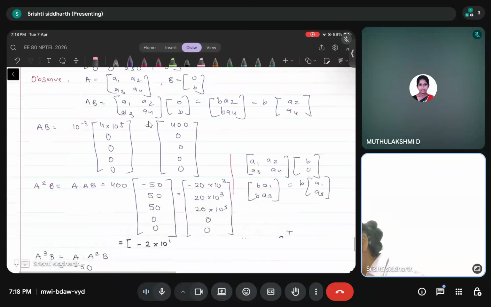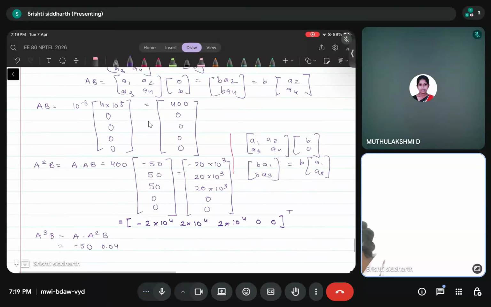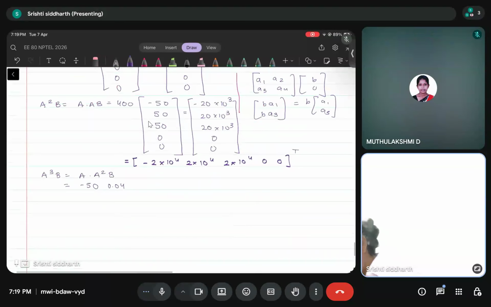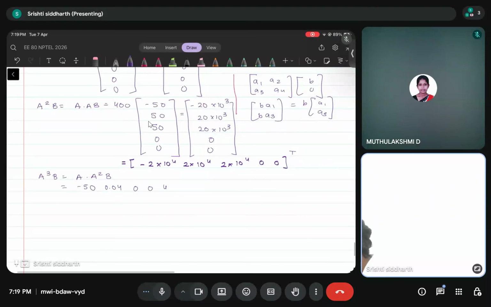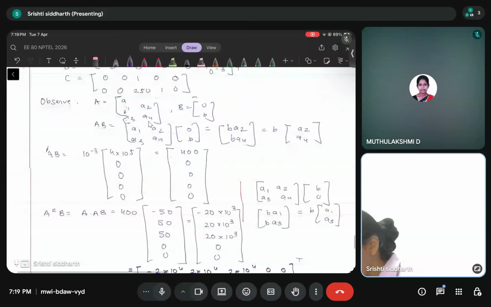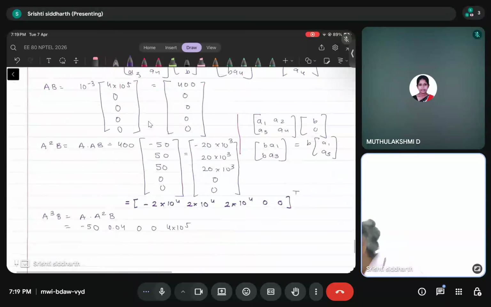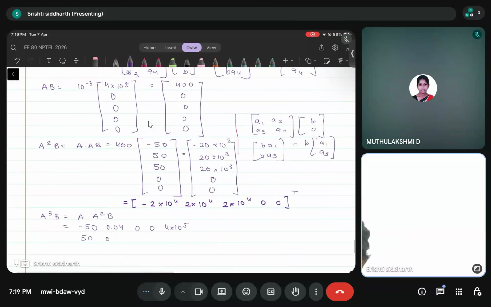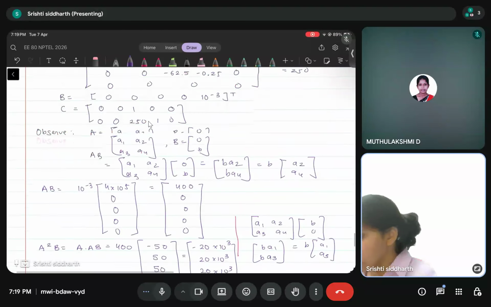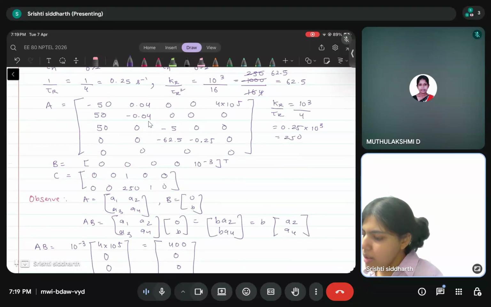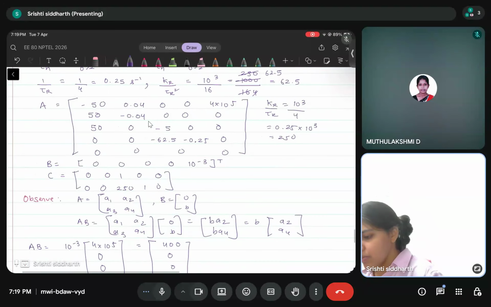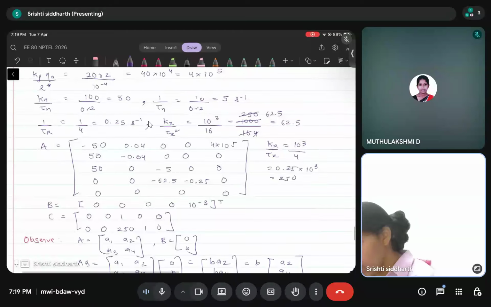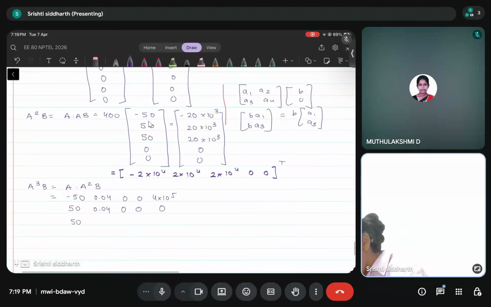We have 0, 0.04, 0, 0, 4 into 10 to the power 5. And 50, and then 3 zeros. We have 50, 0, minus 5, 0, 0.